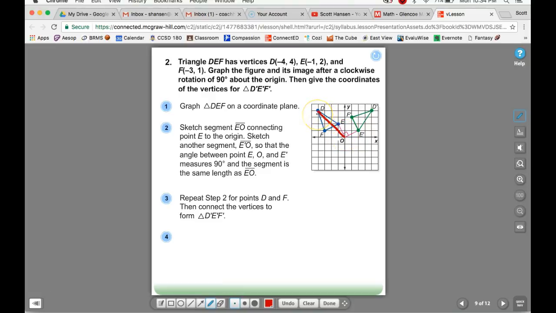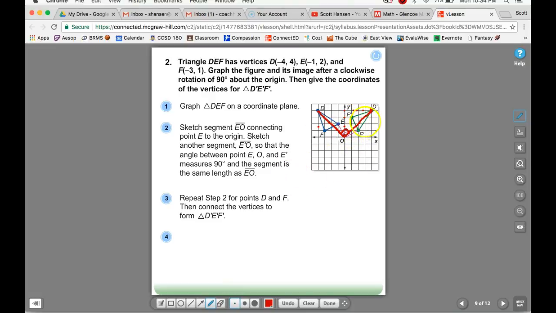So this horizontal distance is 1, 2, 3, 4, and the vertical distance is 1, 2, 3, 4, which means from this point I'm going to go 4 by 4 to make my D prime over here. So 1, 2, 3, 4, and 1, 2, 3, 4 to make D prime, and make sure that there's my 90-degree angle right there. So a little tricky, a little time consuming, but hopefully you get that idea.